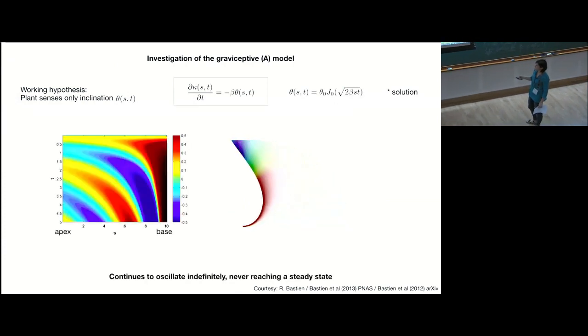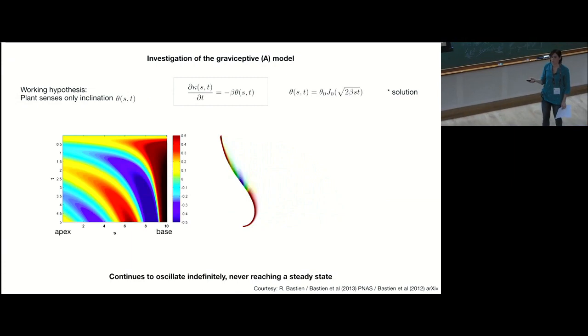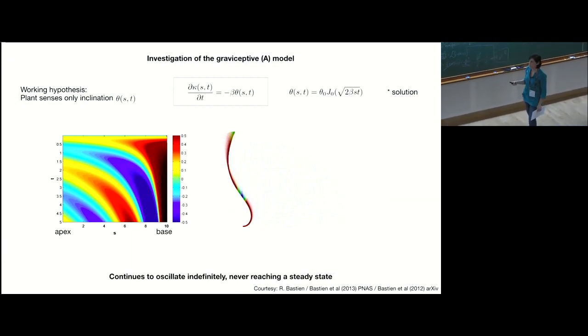So it overshoots, it doesn't straighten out like we saw in the plants. It continues to oscillate, and at some point the simulation ends, but this will continue to oscillate forever. We can see it from this Bessel function. So this is not good, because we're not reaching a steady state, so something is missing here.